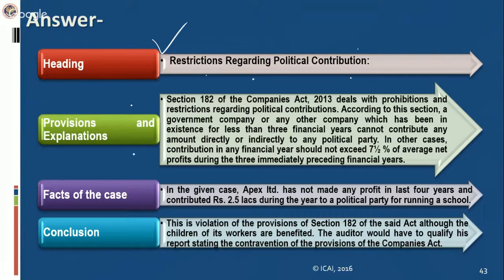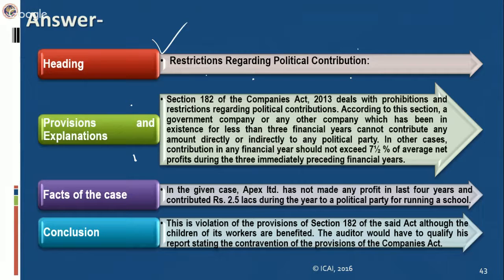Then you need to write the provisions and explanation part, like section 182 of the Companies Act 2013, which deals with the provisions and restrictions regarding political contribution. According to this section, a government company or any other company which has been in existence for less than 3 financial years cannot contribute any amount directly or indirectly to any political party.